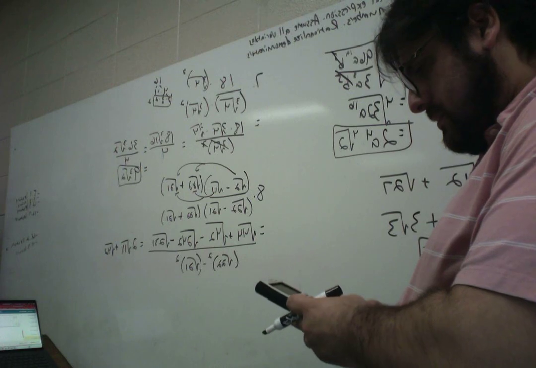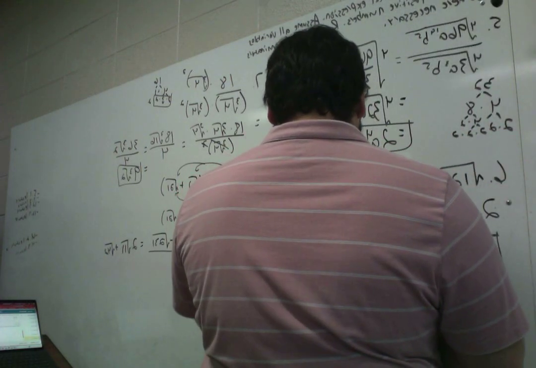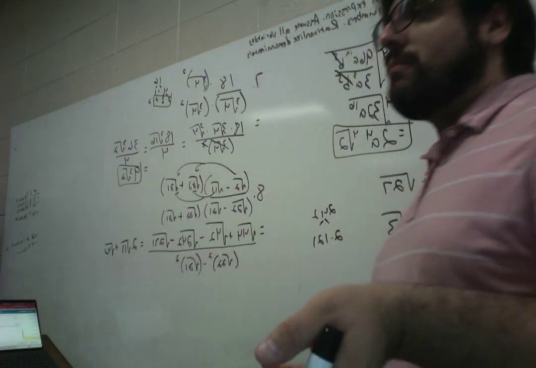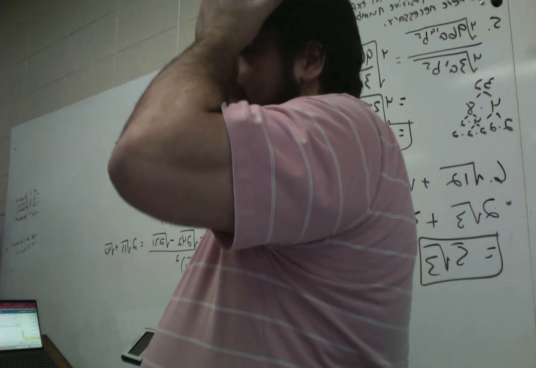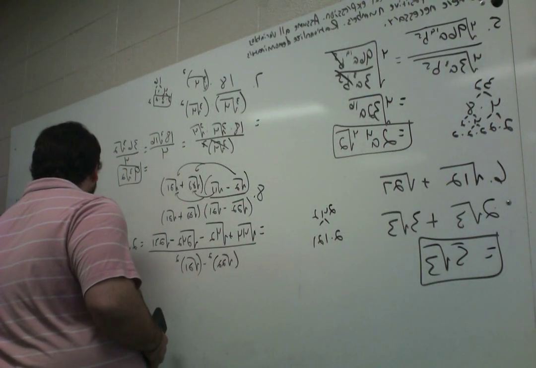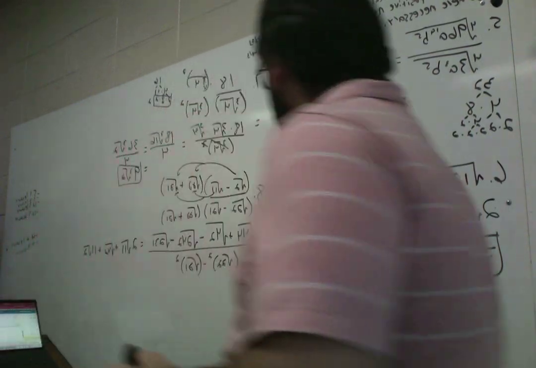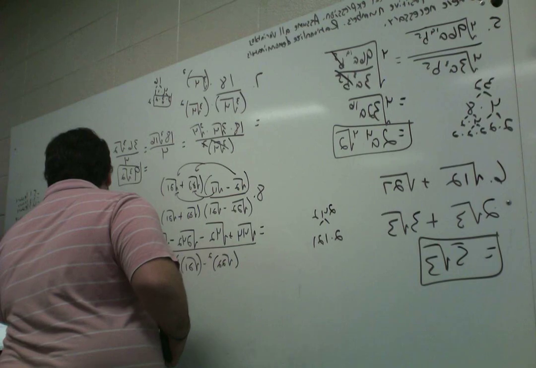242 is 2 times 121. 121 is a perfect square. What's the square root of 121? 11. Oh, that makes sense. It would be a negative, though. Yes, it would be a negative. Good job, Johnny.